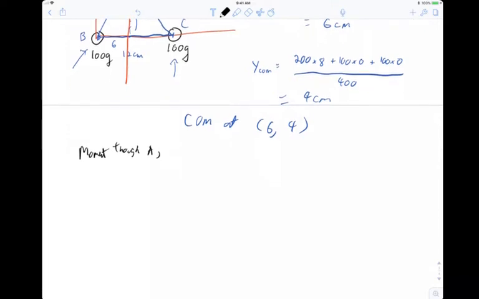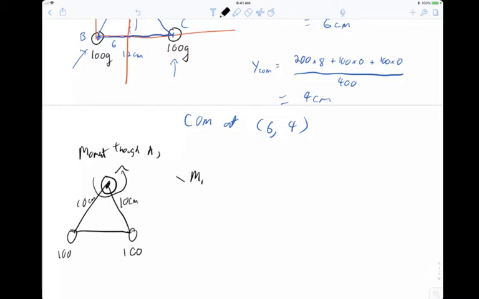Alright, let's try this again. There's A, and then here's B. And here's C. Okay, so we want to swing it around that way. So it's going to be mr squared for each of the terms.